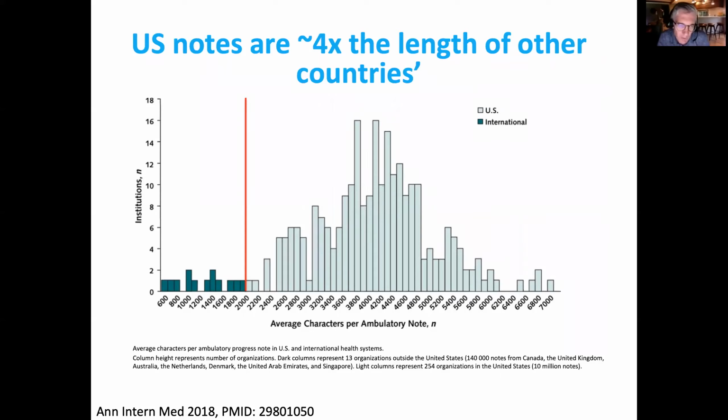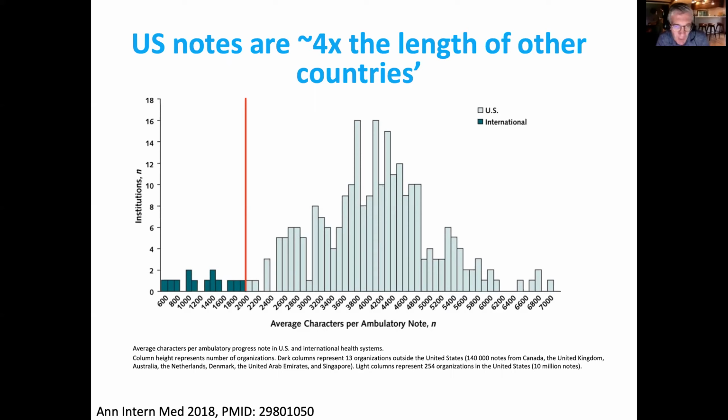So what you see on this figure to the left of that red line is the number of characters included in an average outpatient note in other peer countries that you see listed along the bottom of the figure. So pretty short notes. If you go to the National Health Service in the UK, for instance, the doctor's notes tend to be just an assessment and plan, very, very short.